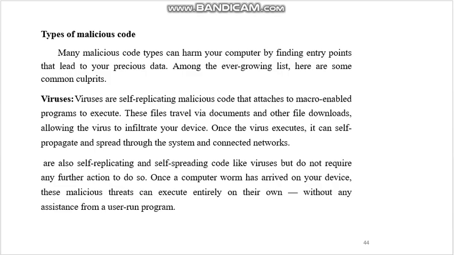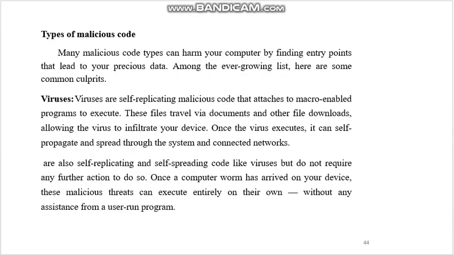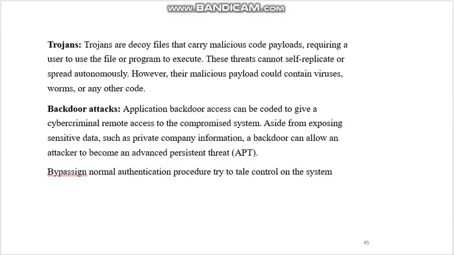Another type of malicious code is worms. Worms are also self-replicating and self-spreading code like viruses, but do not require any further action to do so. Once a common worm has arrived on your system, these malicious threats can execute entirely on their own without any assistance from a user-run program.